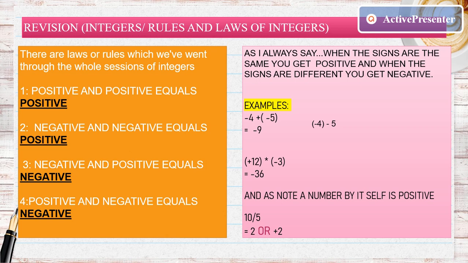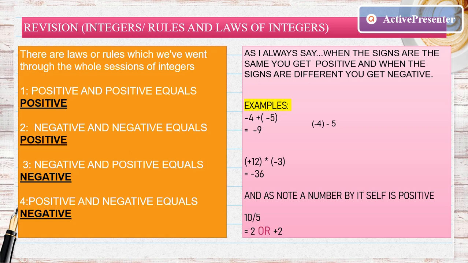Now, as for the second example, +12 multiplied by -3. As we did in multiplying integers, when you're multiplying, it's just like multiplying any other number, and the only difference is you will use the correct sign at the front, or the left side, of the number. So +12 times -3 equals -36.